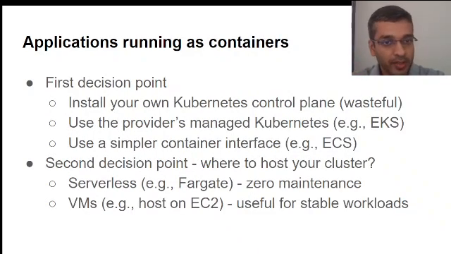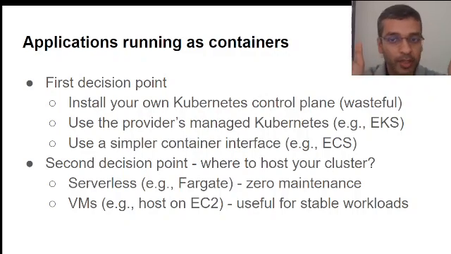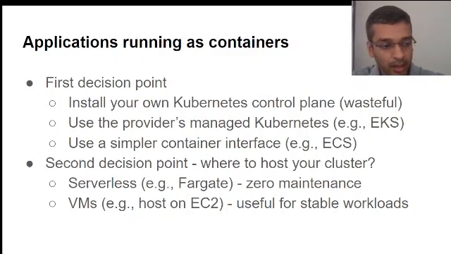Now the second choice. When you are running applications as containers, the secondary decision point is, what kind of container management do I use? So what you can do is install your own control plane. Why would we ever do that? If you've decided that you need to run as containers, then deploying the control plane is wasteful.